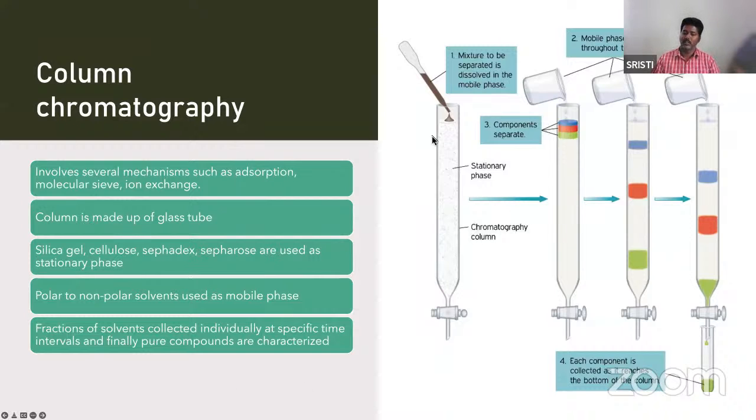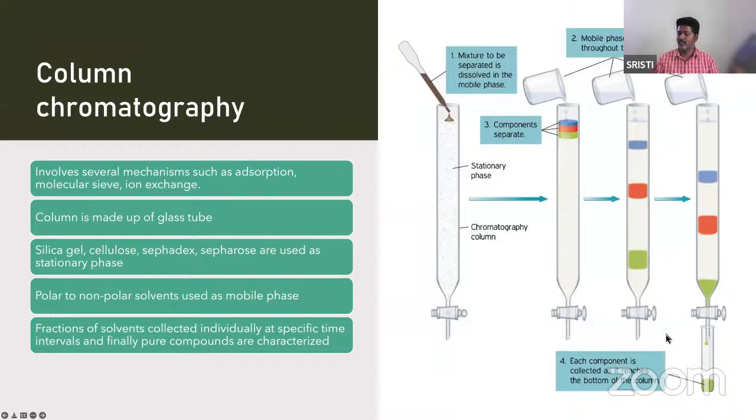Here we see the stationary material is packed in the column, and then the mixture to be separated is added, and the mobile phase is added. You can see different colored compounds, that is, different compounds with different molecular weight or adsorption based on the affinity towards the stationary phase, eluted at different time intervals.